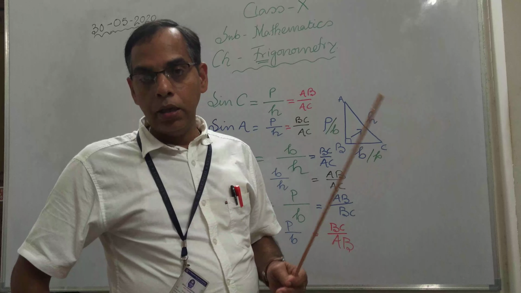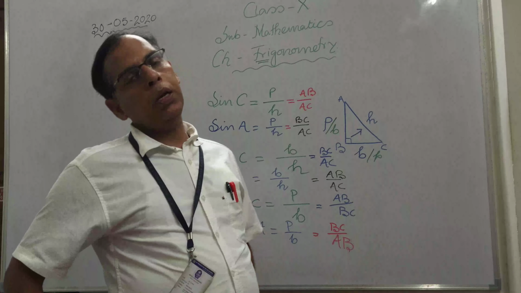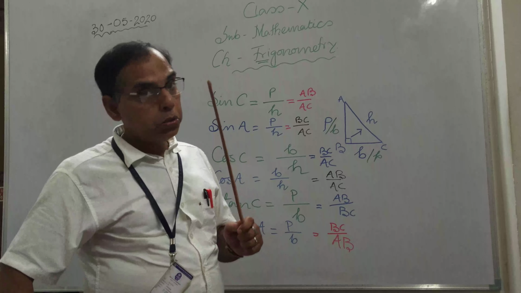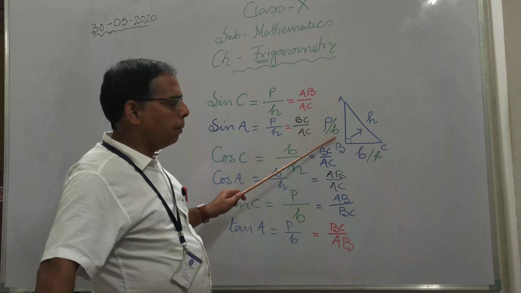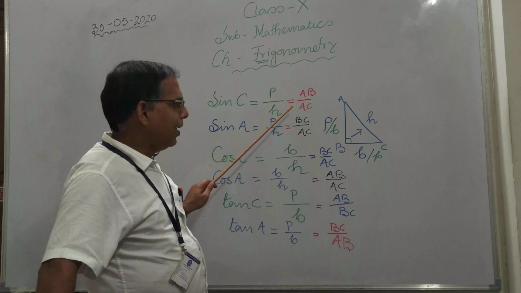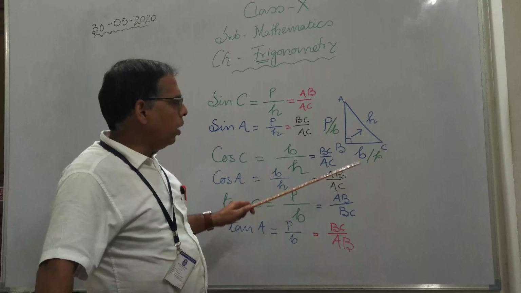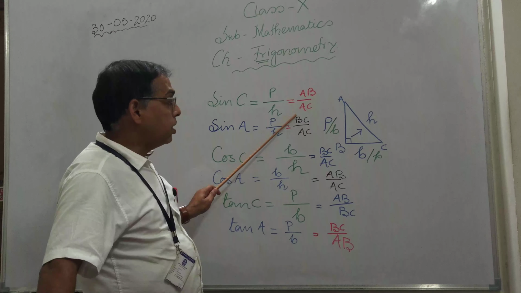Other than the right angle, the side opposite to the angle considered is the perpendicular. When we have taken angle C, AB is the perpendicular, that is why AB by AC. When we have taken angle A, BC is the perpendicular, that's why BC by AC.